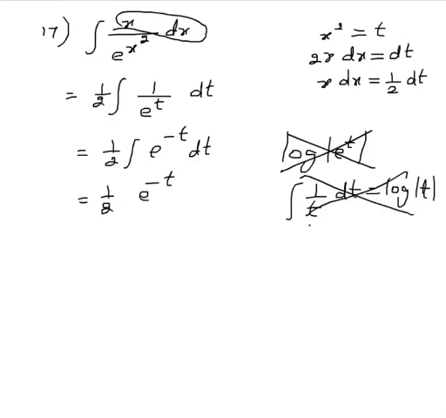Integral of e power minus t is e power minus t divided by the coefficient of t, which is minus 1. Don't forget this, which is minus half into 1 by e power t plus c. Substitute for t.